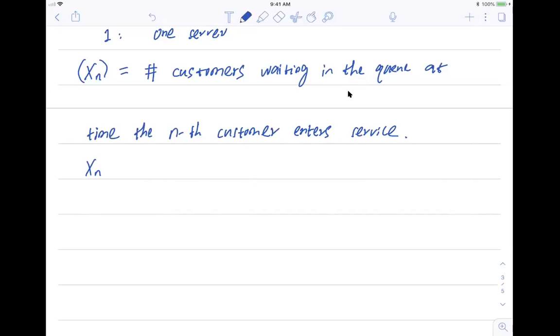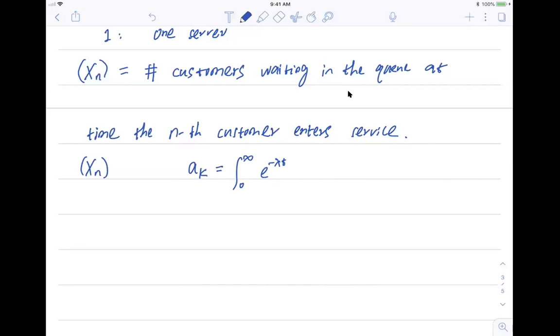So let's write a_k. What is a_k? a_k is the probability that k customers arrive.